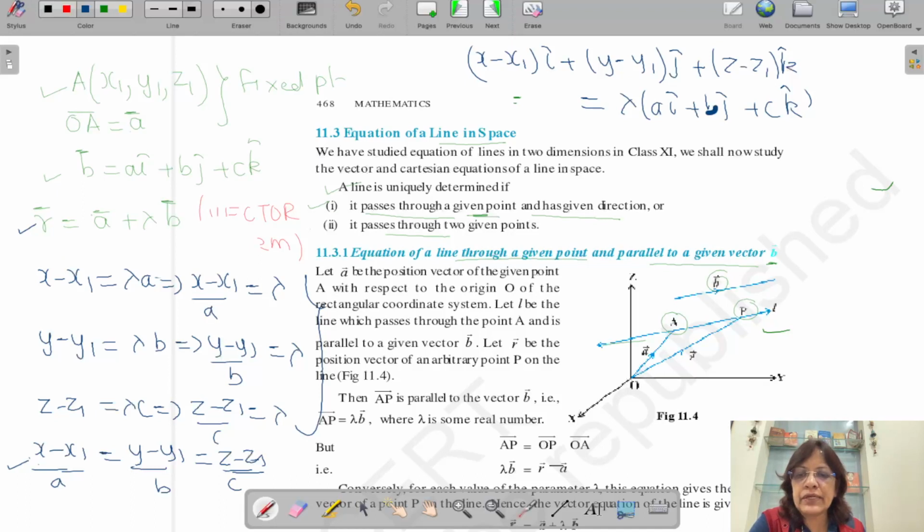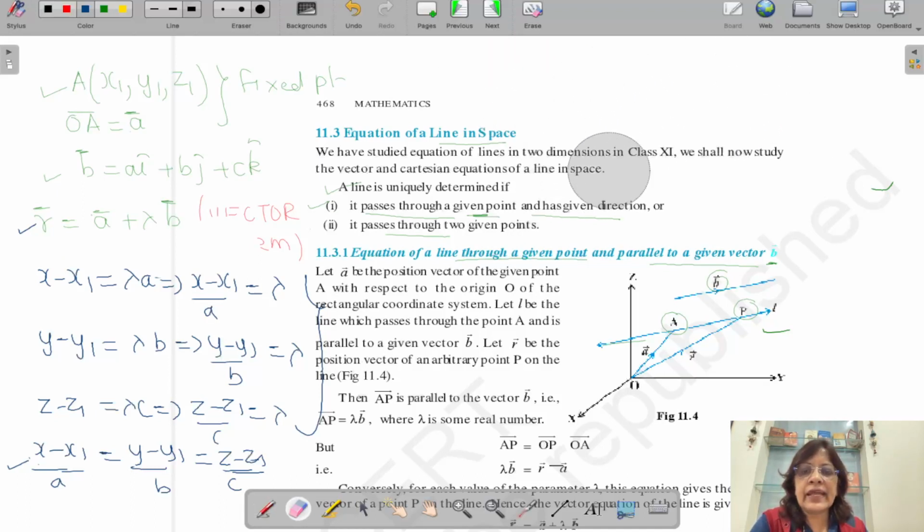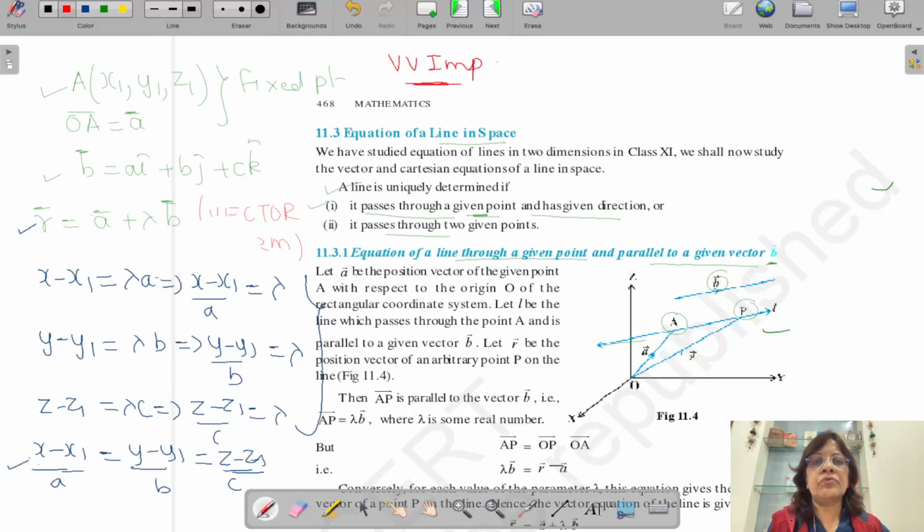One very important condition, please note, for any question of straight line that you have to solve: the line should be in standard form. Before doing any question, please note that the line should be in standard form.